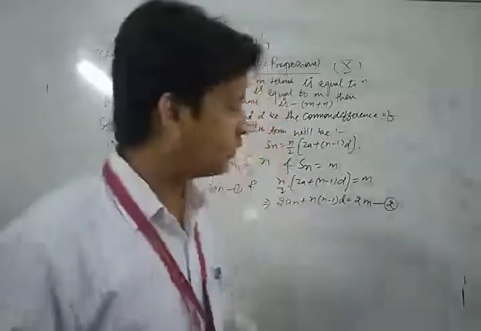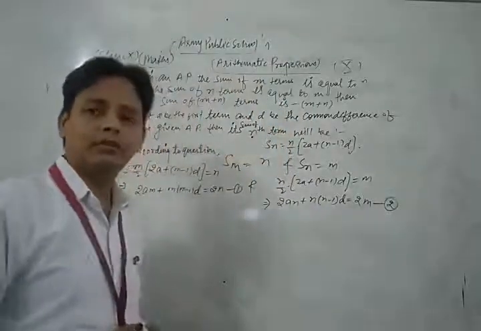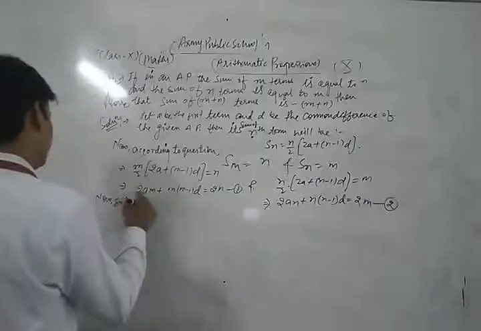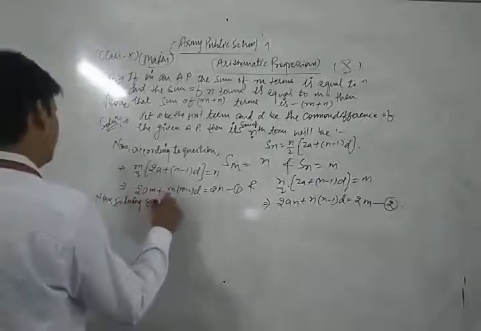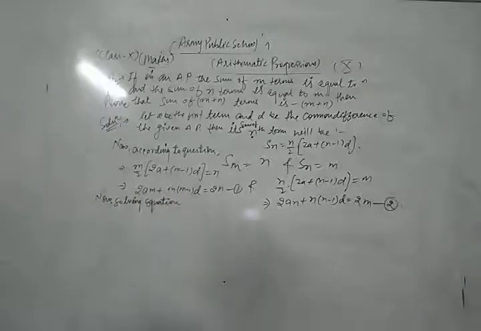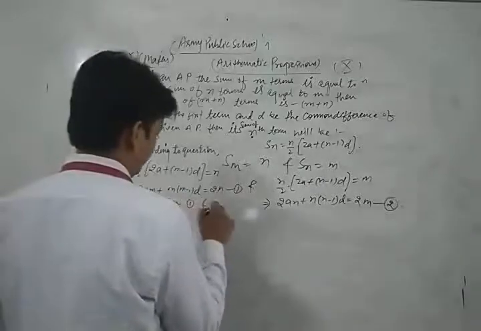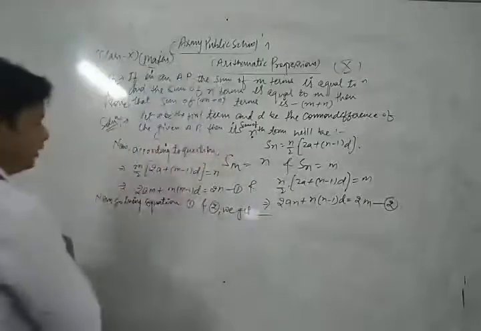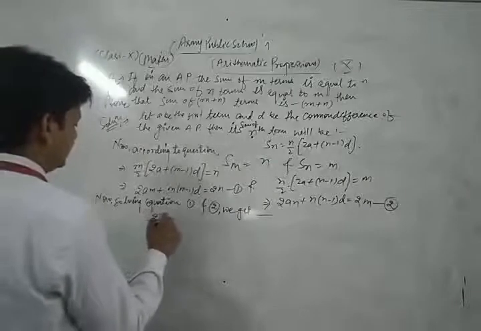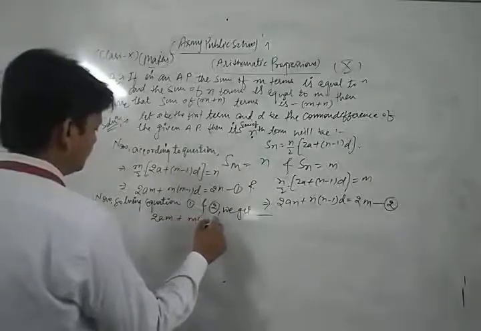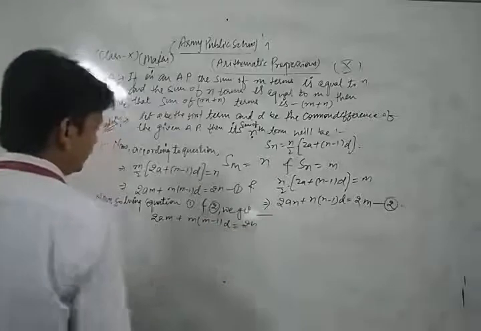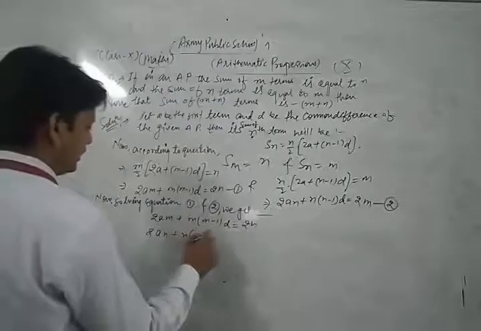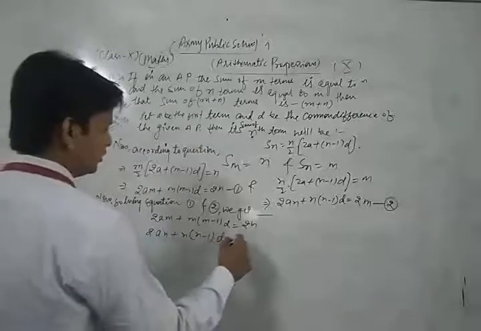In this way we form two equations according to the given question. Now, by solving equations 1 and 2, we find the values of a and d. Let's see. Equation 1 is 2am plus m minus 1 into d is equal to 2n, and equation 2 is 2an plus n minus 1 into d is equal to 2m.